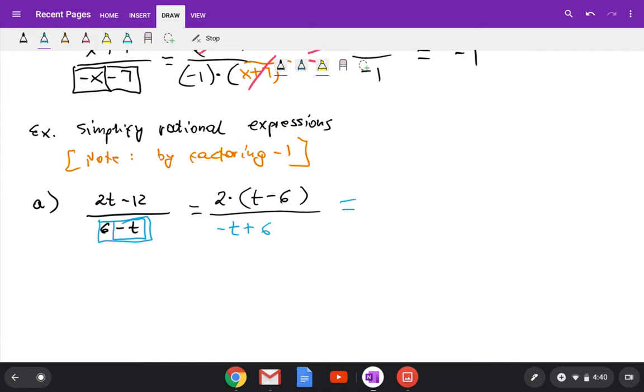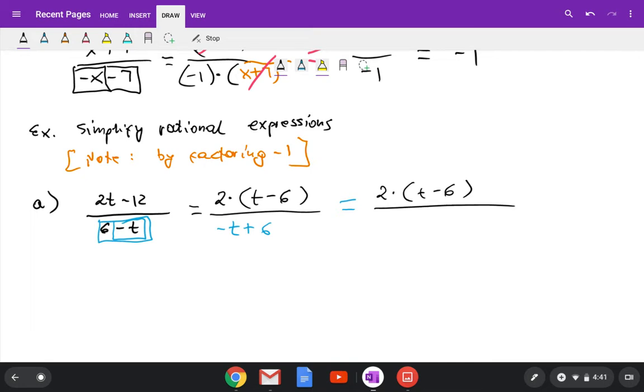So now I can't cancel them because on the top I have t, on the bottom I have -t. In parentheses, in the numerator, you have -6. On the bottom, you have +6. So your expressions have opposite signs. So how are we going to do it? Copy your numerator.